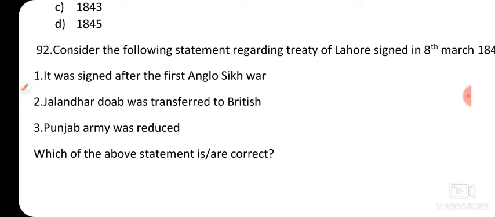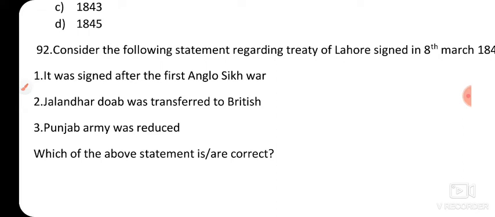So according to this Treaty of Lahore, Jalandhar Doab was ceded to the British, and the British sold Jammu and Kashmir to Raja Gulab Singh Dogra, and Raja Gulab Singh paid 5 million rupees.